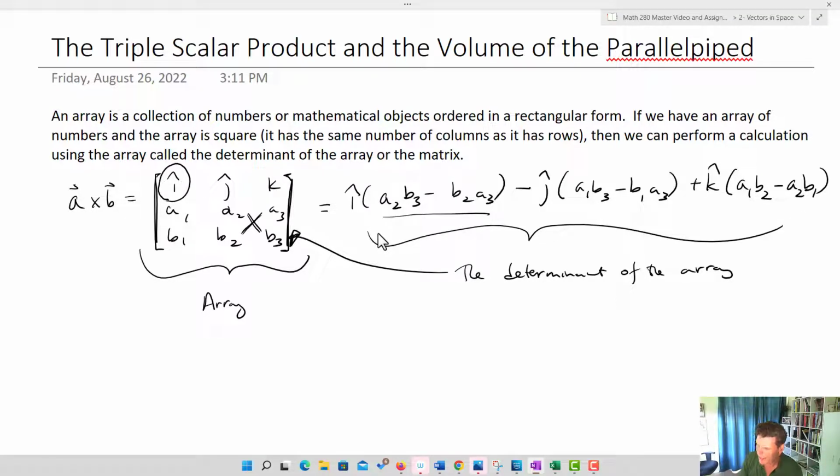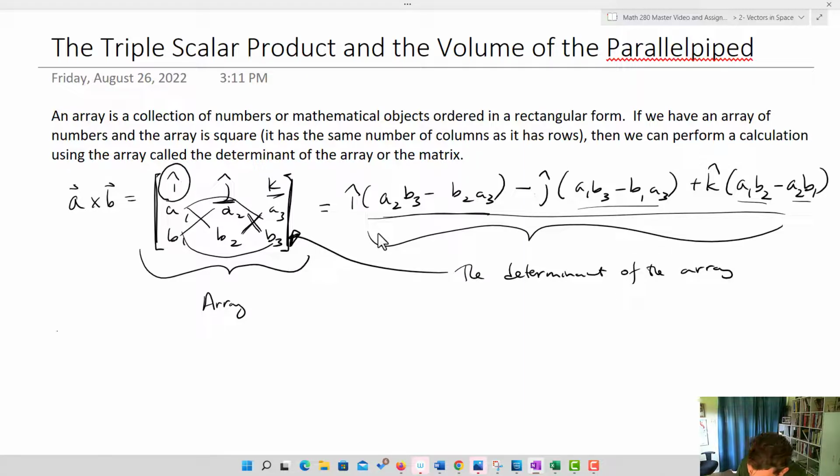And then we'll subtract, we'll take the second term and do the multiplication that we use in order to find the cross product, and then plus k, and we'll do the same thing as before. We'll multiply A1 times B2 minus B1 times A2. So that's basically how we go about finding the determinant. Essentially this is the equation for the determinant.